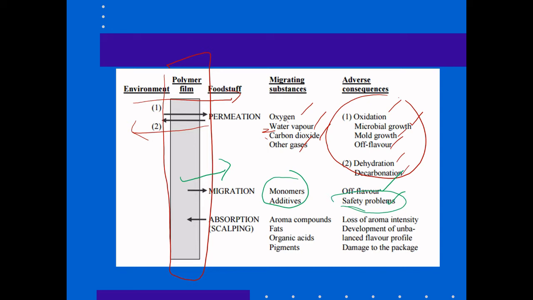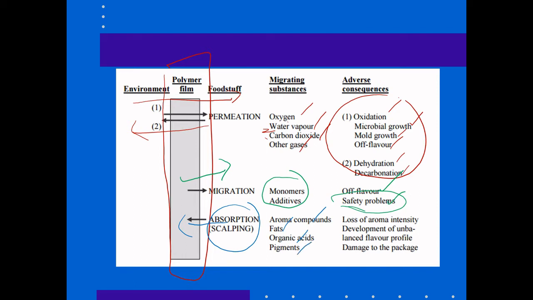Now the third one is absorption of the flavor component from the food to the packaging material. So what are the substances that undergo this absorption? Okay, the first one is aroma compounds from the food, the fat component of the food, the organic acid from the food, as well as pigments from the food.